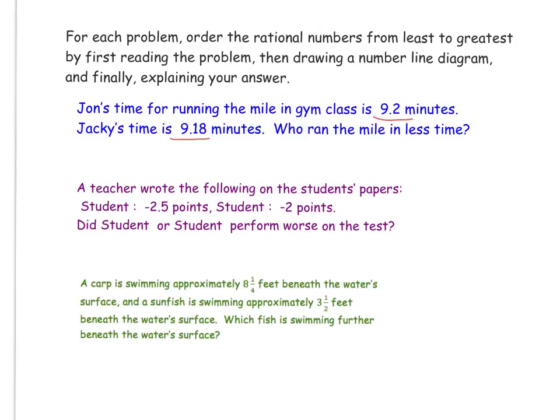Well, if we think of 0 on a number line, and I'm going to go all the way up, I'm going to say this is 9, and if we break between 9 and 10 into tenths, 0.1, 0.2, 0.3, 0.4, 0.5, 0.6, 0.7, 0.8, 0.9.